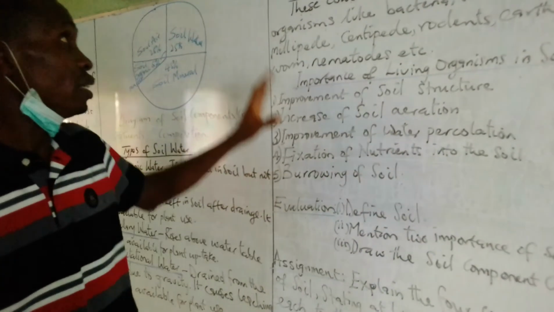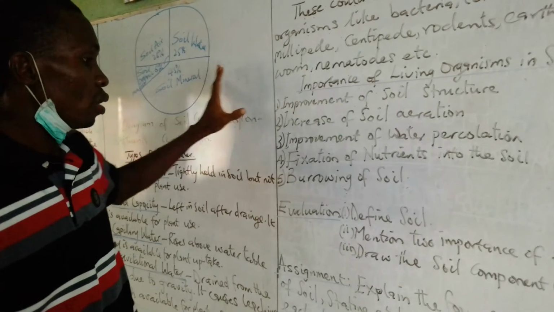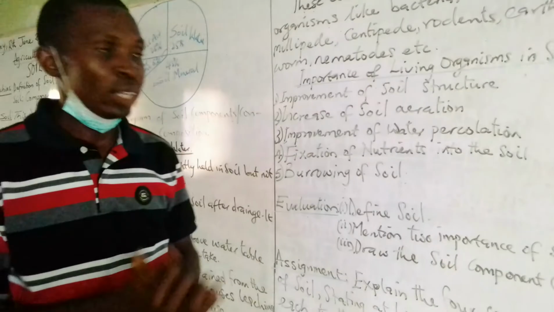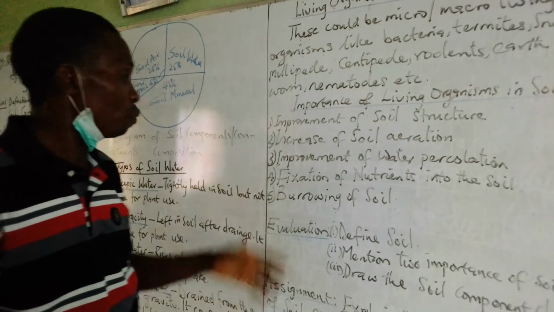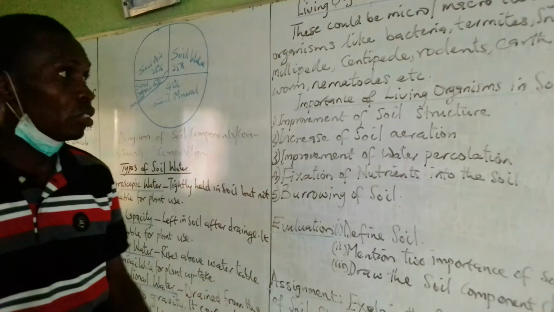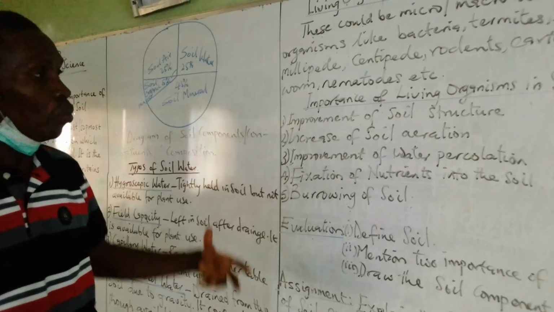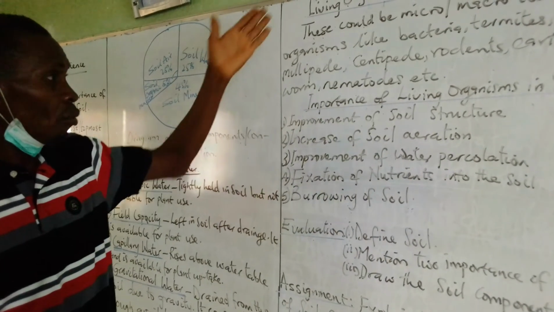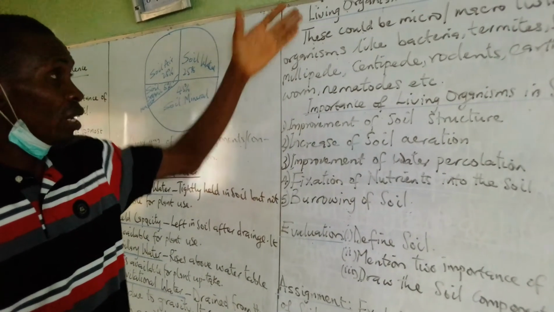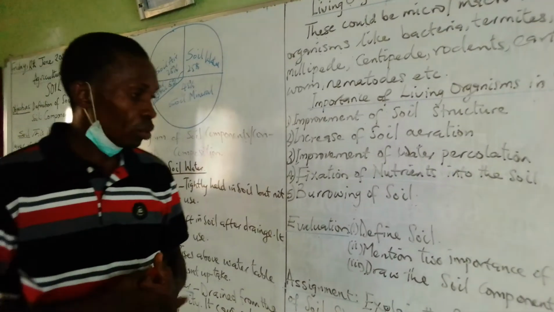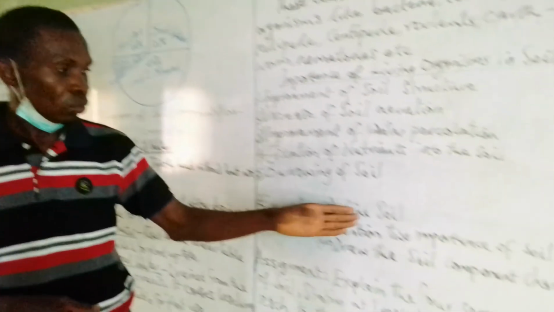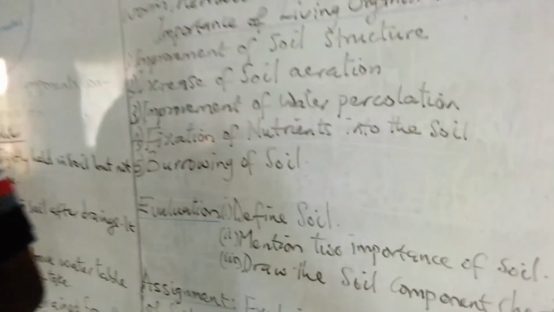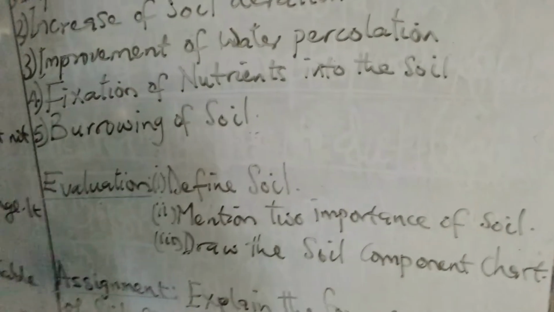Now, having looked at this topic, soil, it's very vital that you take note of what soil is, the importance of soil, the components of soil, and the living organisms in soil.